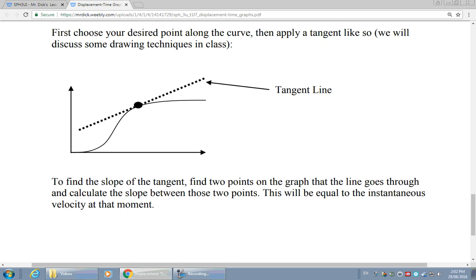Now, if we look in the immediate area, just on either side of that point, if we were to zoom way, way in close on that graph, we would see that right around that point, the slope is doing essentially what I've just highlighted in green. At other points, though, of course, the slope is much steeper. At other points later, it's much flatter. But right around that point, it is going in that green highlighted direction.